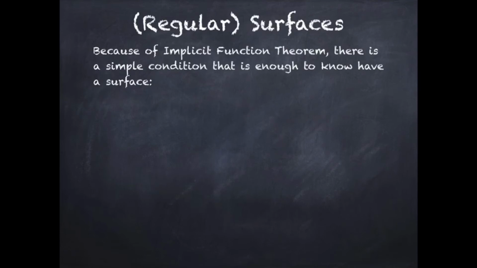One of the things that it tells you is that it gives you a simple condition that is enough to know that a subset of R3 is in fact a surface.